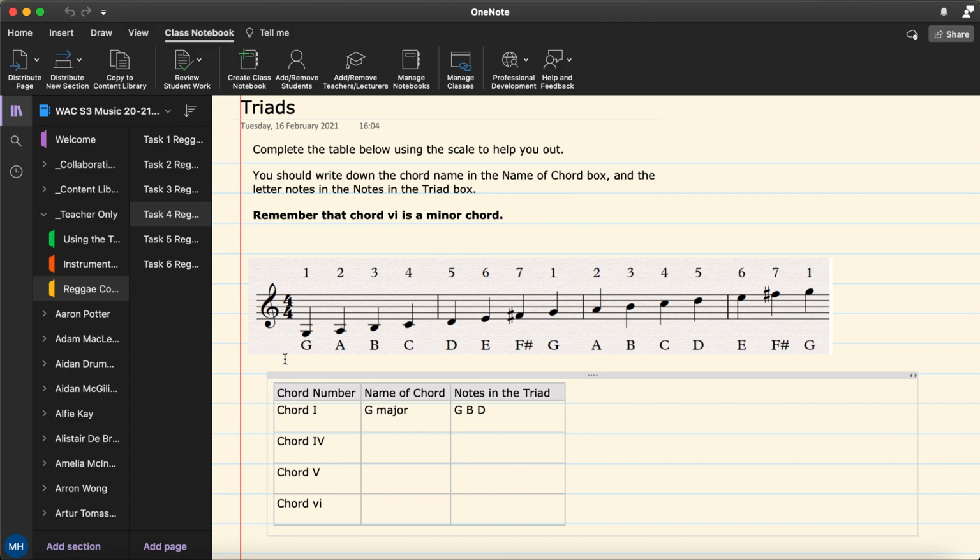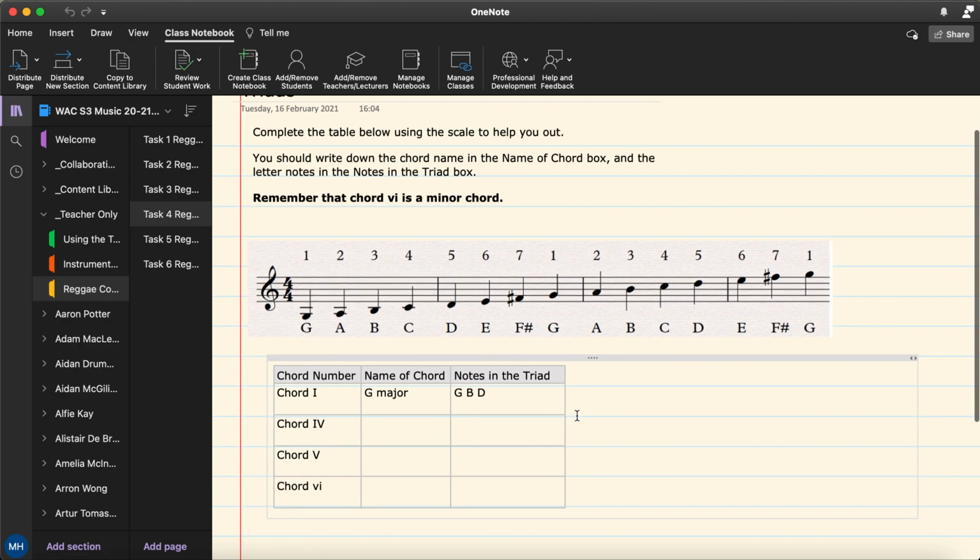For chord 4, you just need to count 1, 2, 3, 4, and then you would tell me what the name of that chord is. Then you do the same thing to work out the notes in the triad. Start with the root note, miss a note, the next note, miss a note, and then the next note are the notes in the triad.